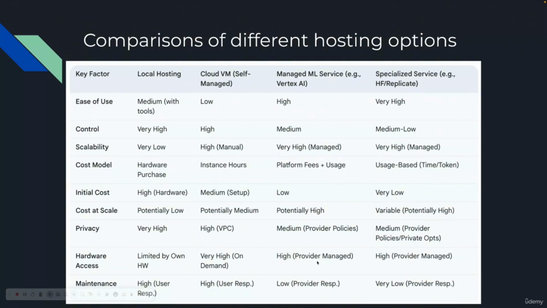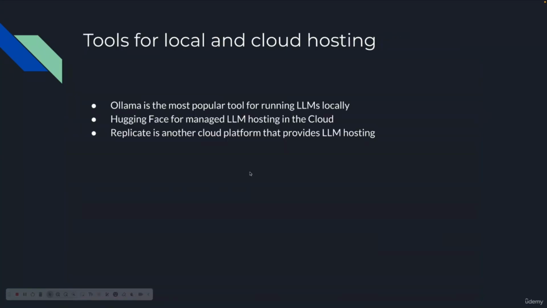Whereas when you're a young company, if your service is only used by thousands of people, you want to have something really easy to use that can scale very fast because you never know when your user growth is going to scale. So managed services make more sense. Generally, when you're a small company, you start with managed services, and then as you get bigger, you move to local hosting.